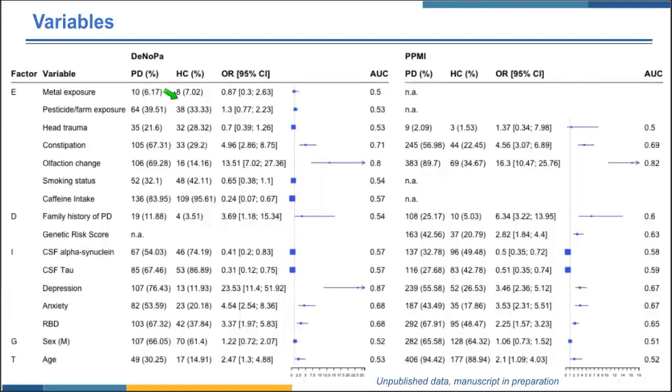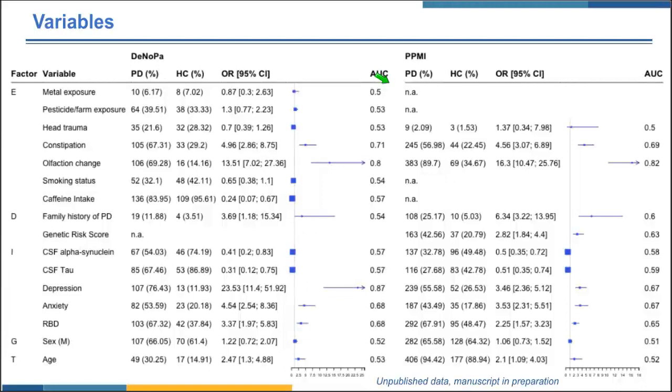And here it's for healthy people, how many have been exposed and the percentage. The odds ratio is a measurement of the association between this wearable and the risk. If the odds ratio is larger than 1, it's associated with higher risk, and if it's below 1, it's associated with lower risk. And here is the confidence interval. This is the same for the PPMI cohort as well.